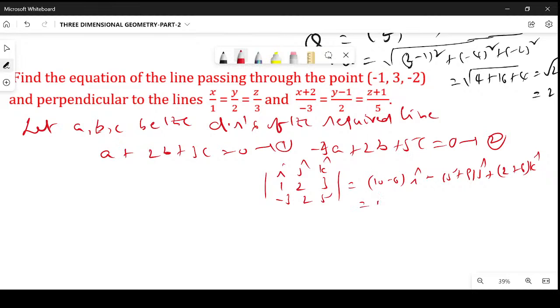So it comes to 4 i cap minus 14 j cap plus 8 k cap, that is 4, minus 14, 8.